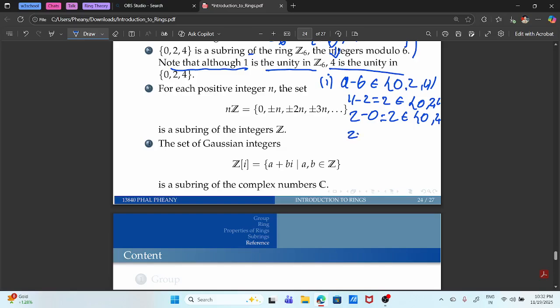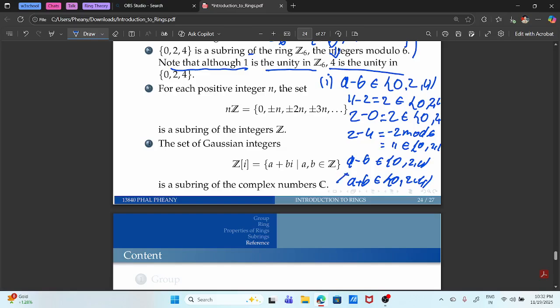Suppose we have 2 minus 4 equal to minus 2. Minus 2 mod 6 is equal to 4, so it belongs to {0, 2, 4}. So we get a minus b belongs to the set. Sorry that I made a mistake before. I said a plus b belongs to the set as the subring test.